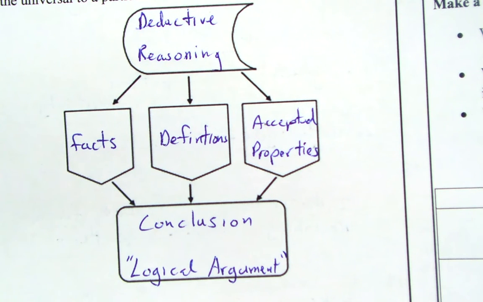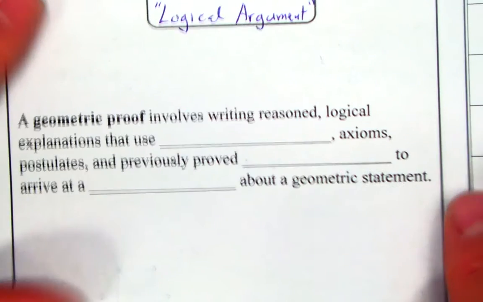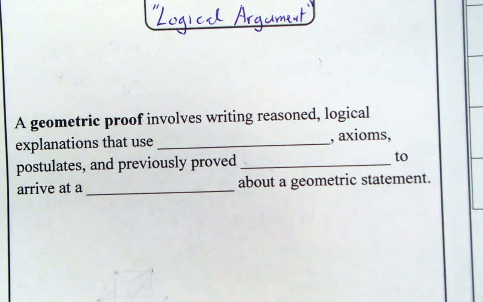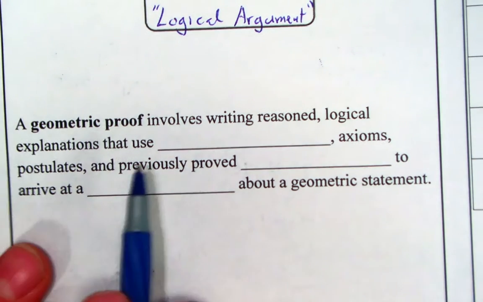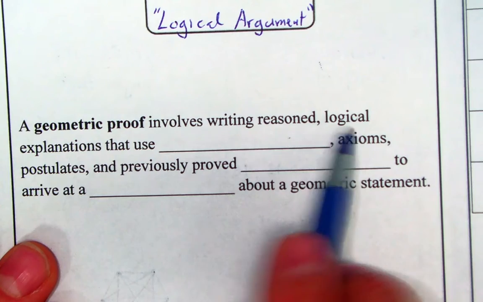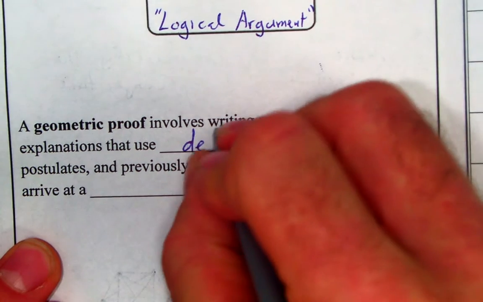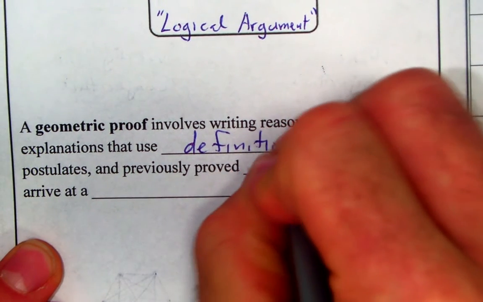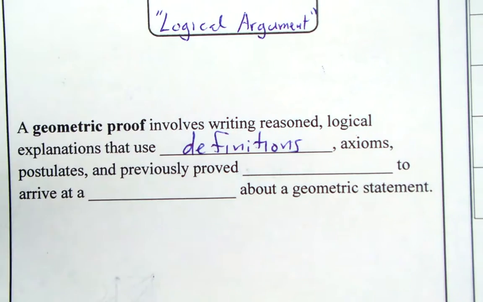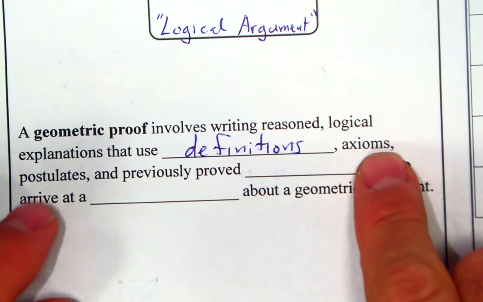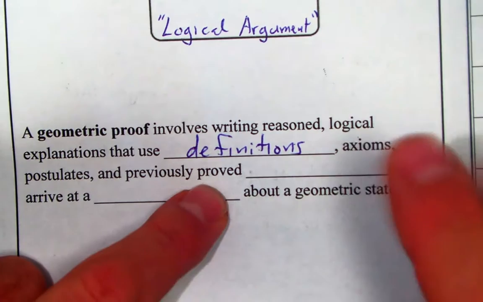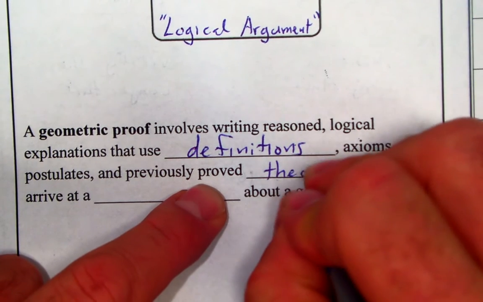Okay, so we're going to be doing proofs using reasoning and apply it to geometry. Okay, so a geometric proof. It just involves writing reasoned, logical explanations that use definitions. Based on the definition of a square, I know this. Axioms, postulates, and previously proved theorems.